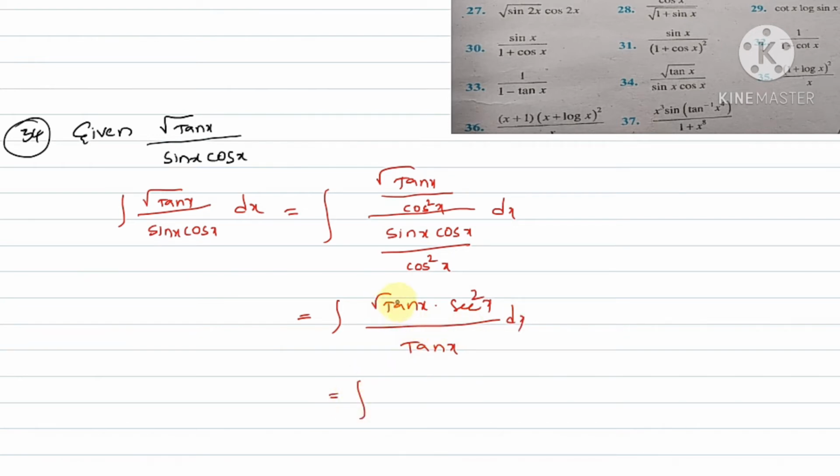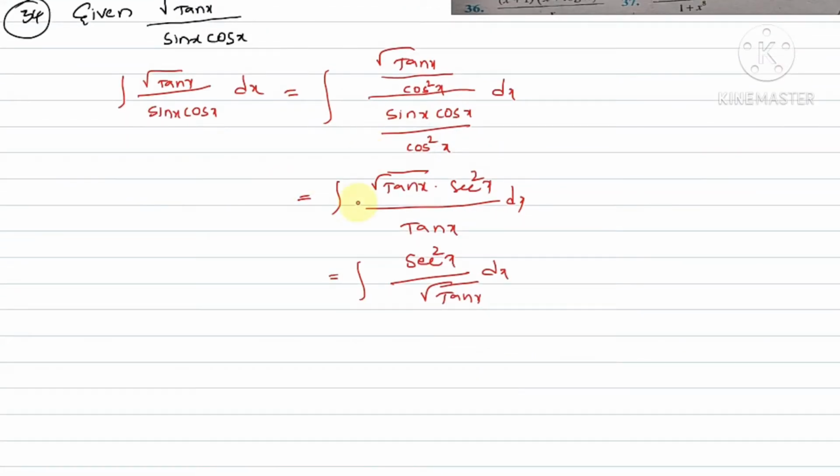So here ultimately this value is the integral of secant square x upon root tan x dx. Now the substitution: let tan x equal to t. The derivative of tan x is secant square x dx equal to dt.